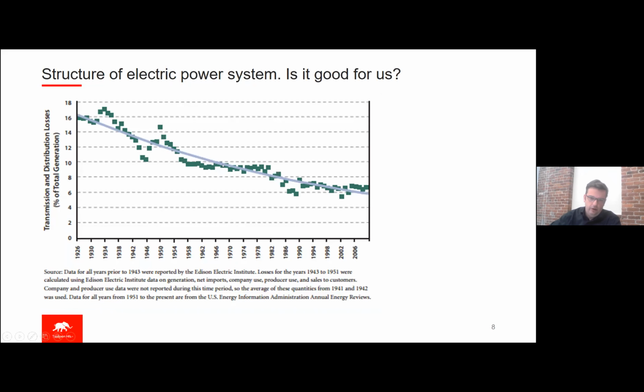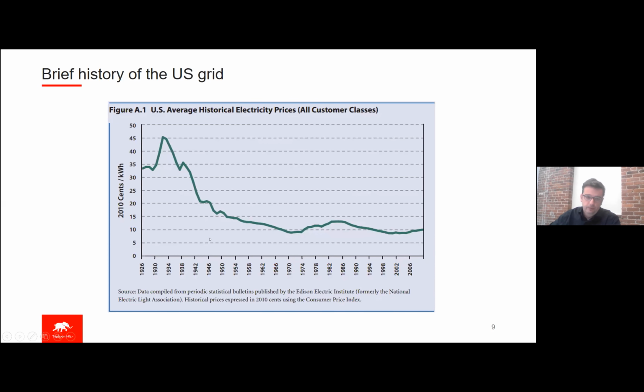That means that we are continuously improving and reducing the losses. At the same time, this highly networked centralized system also worked well, because you can also see that the price dropped significantly over time from the early days to today.